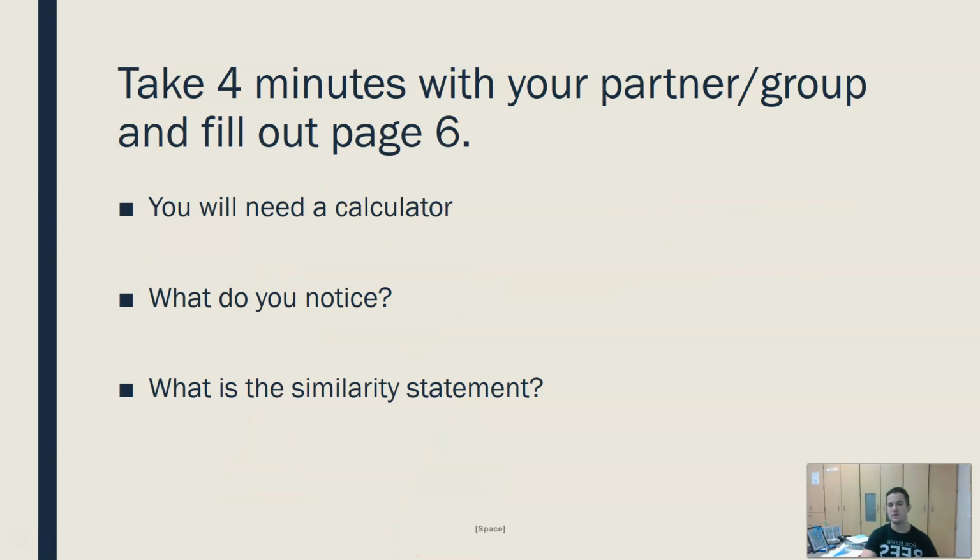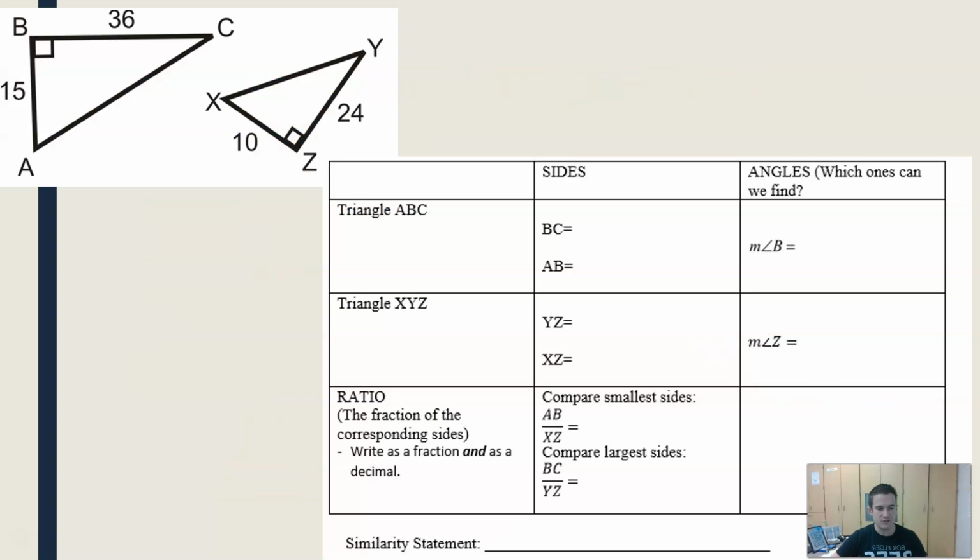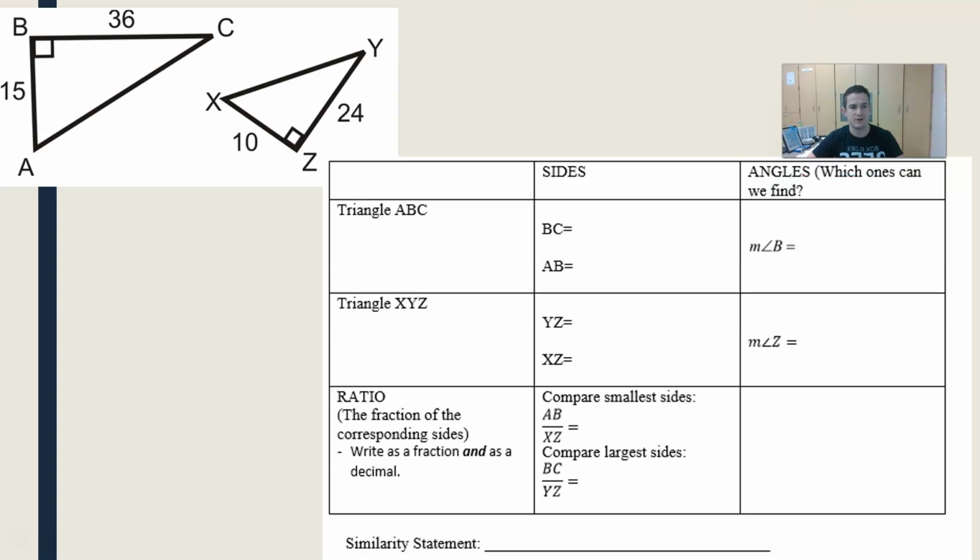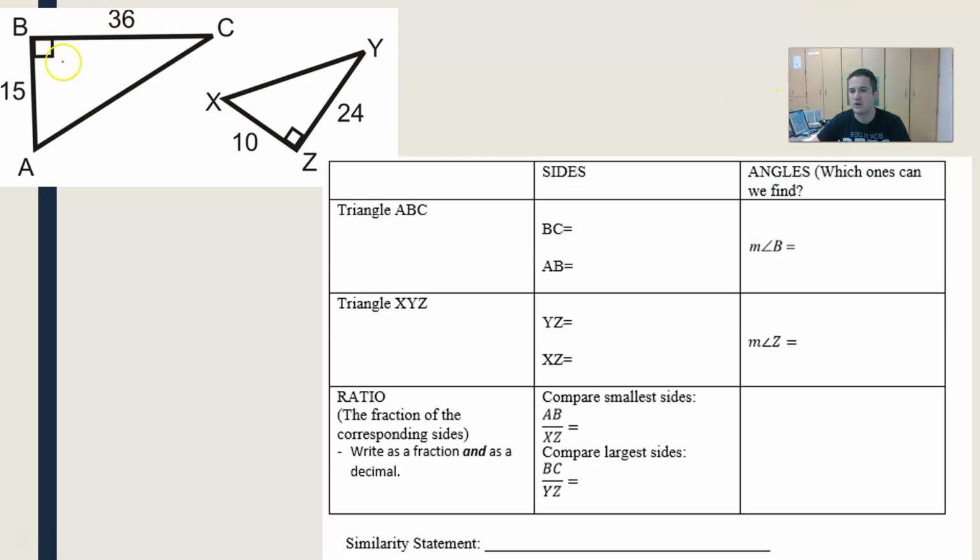Okay, so let me show you an example. Let's look at this example right here. I have triangle ABC and XYZ here. Side BC is 36 units long, AB is 15 units long, YZ is 24 units long, and XZ is 10 units long.